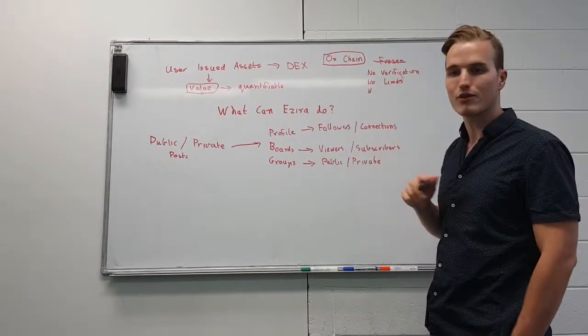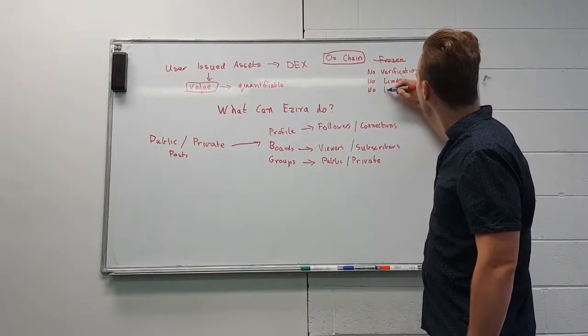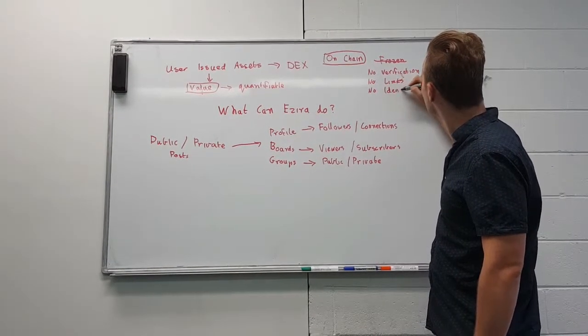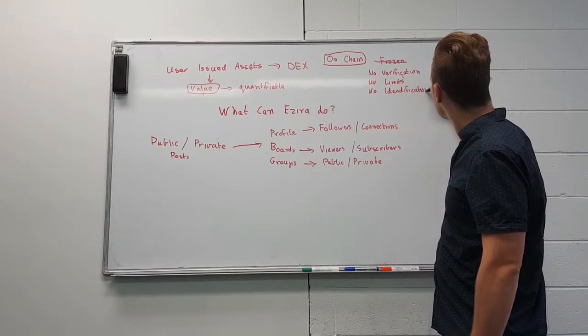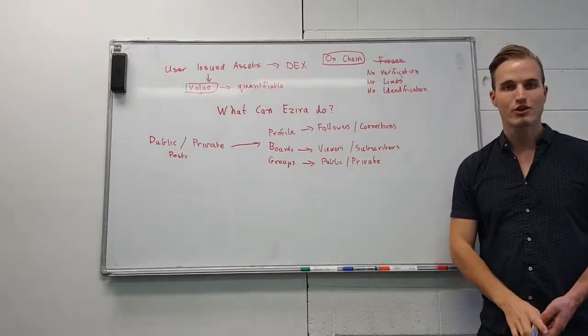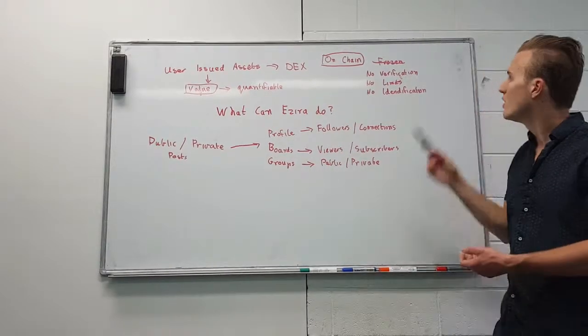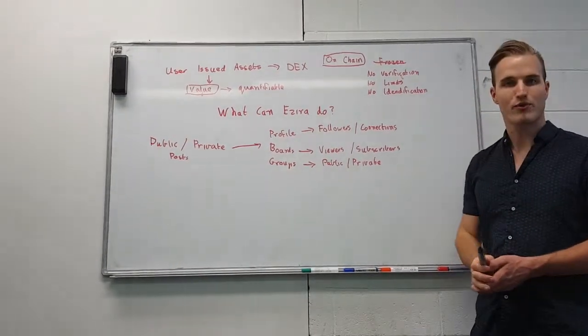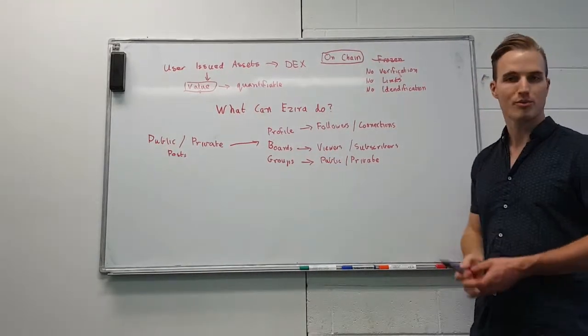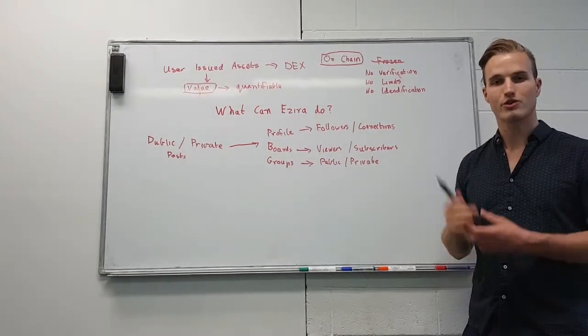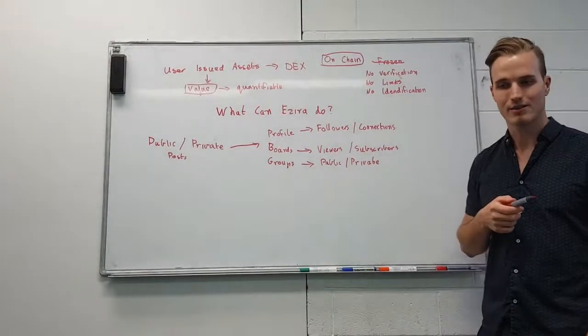And there is no need for you to provide identification. So there's no identification on a decentralized exchange. All of your funds cannot be frozen or misplaced or hacked, and there are no deposit or withdrawal limits when you trade using Ezira's assets.